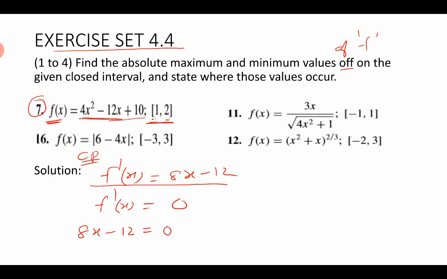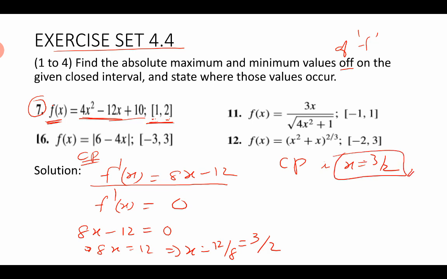So differentiate it and set it to 0: 8x is equal to 12. You get x is equal to 12 over 8, which is 3 over 2. So the critical point is x equals 3 over 2.